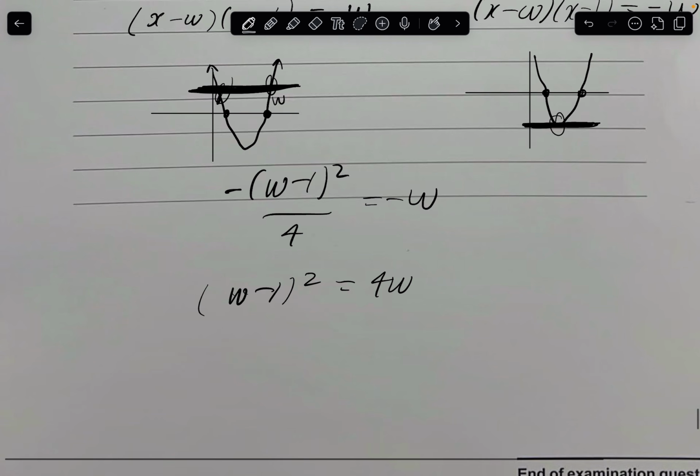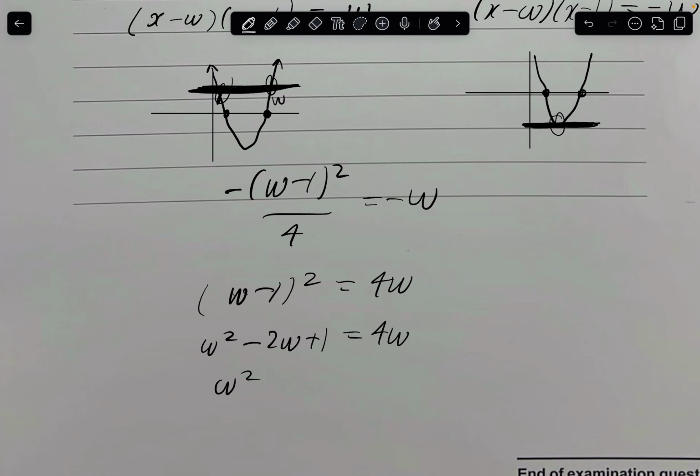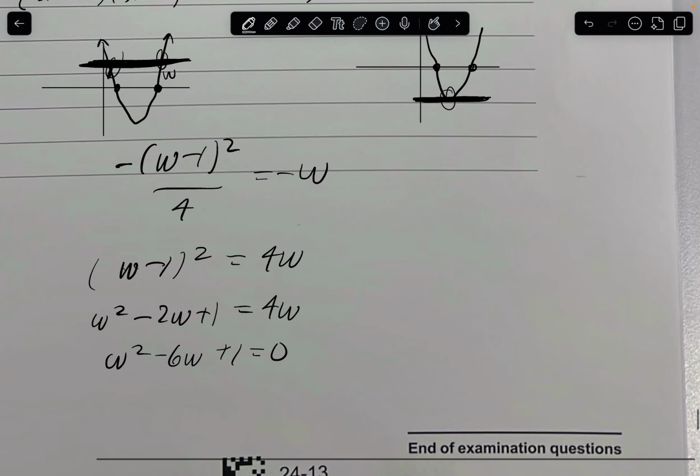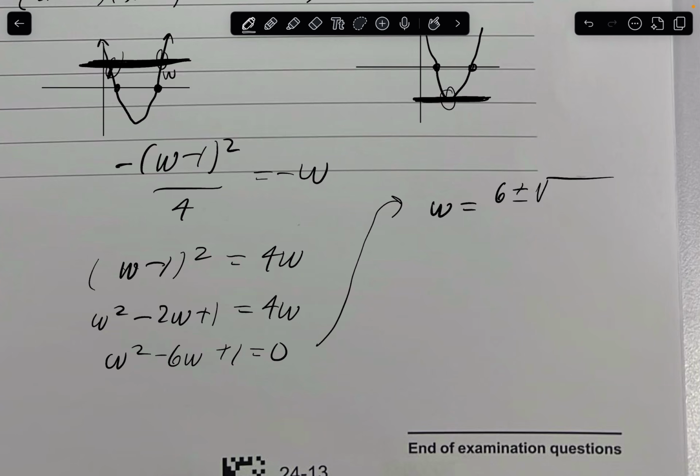Yeah, and then w squared minus 2w plus 1 equals 4w. W squared minus 6w plus 1 equals 0. And I think, again, we're going to need to use the quadratic formula. So w is equal to 6 plus or minus square root of 36 minus 4, which is 32, over 2.